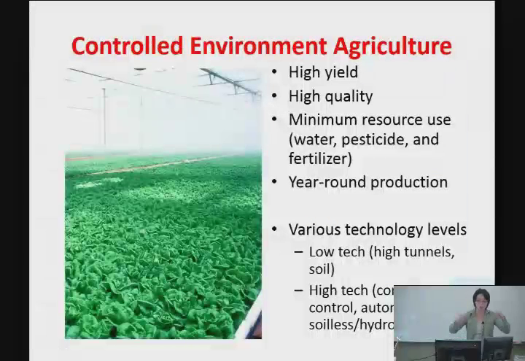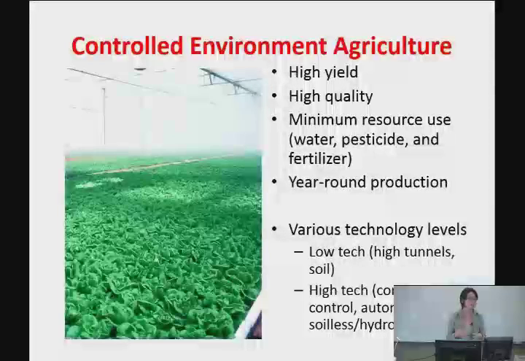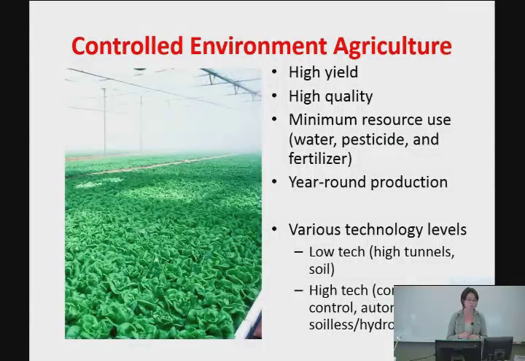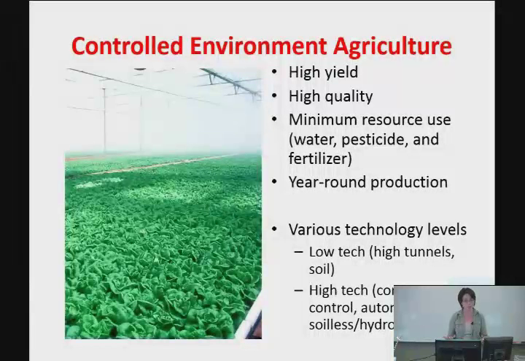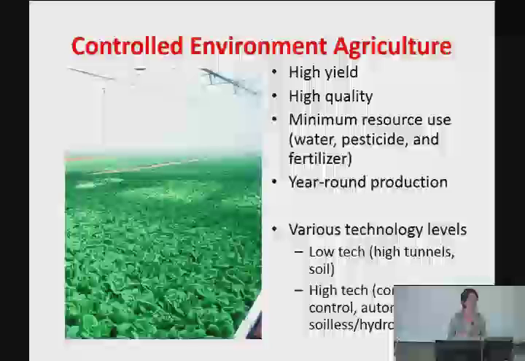With controlled environment agriculture, the great thing is the high yield you can achieve. In tomato, we know you can get as much as 20 times the yield per year compared to open field. That's an amazing number. And also high quality; the quality of the produce is excellent.